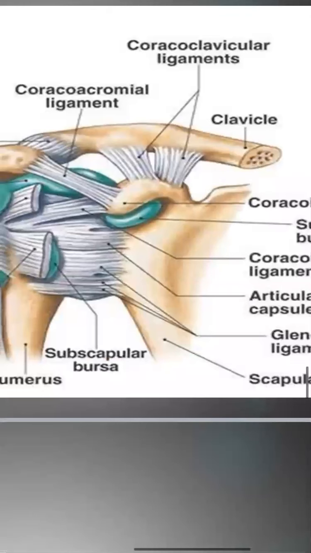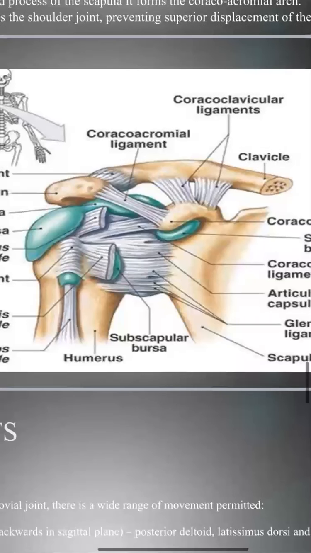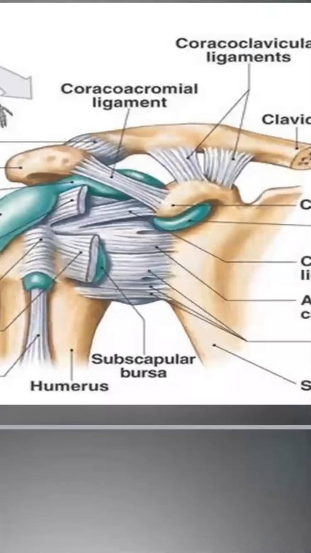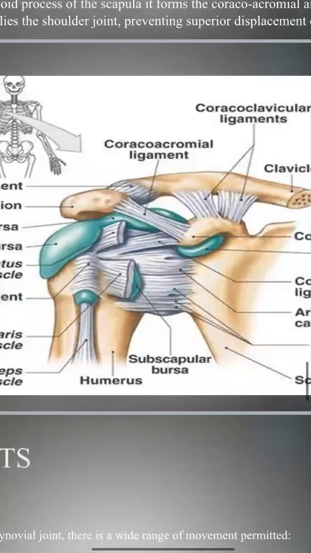The glenohumeral ligament connects the head of the humerus to the scapula. They will tie the head of the humerus to the scapula so that the shoulder joint will be in a stable condition.